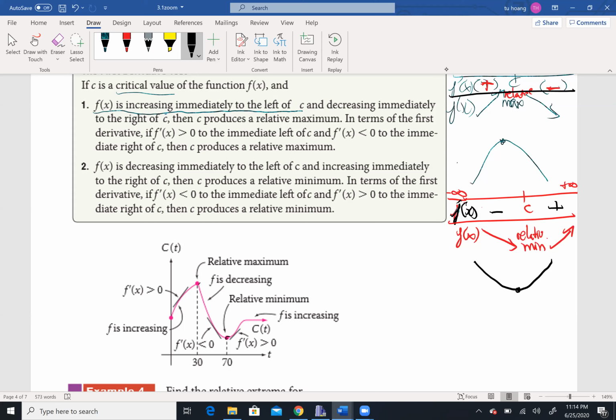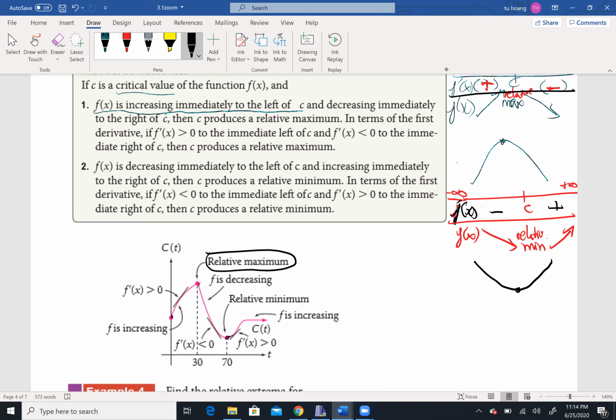From the first part here it is going up, at 30, it stops here and goes down. At this point we have a relative maximum. Then from the relative maximum it is going down until x equals 7.